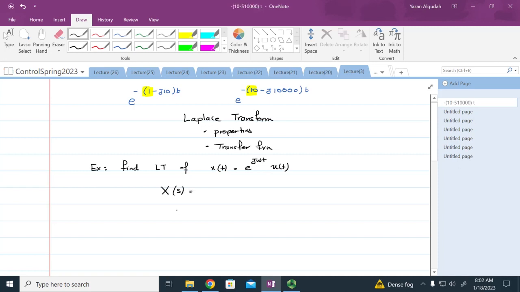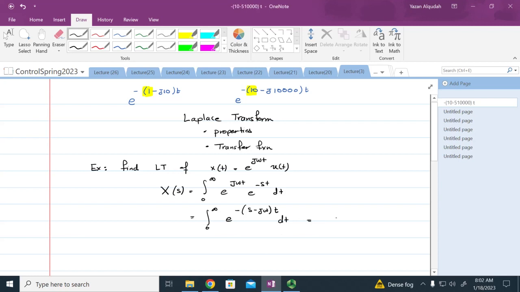Okay, so if you have a sinusoidal term or exponential term that we want to calculate the Laplace transform for, the integration from 0 to infinity, e to negative j omega t, e to negative s multiplied by t dt, which is going to equal the integration from 0 to infinity, e to negative s minus j omega multiplied by t dt.